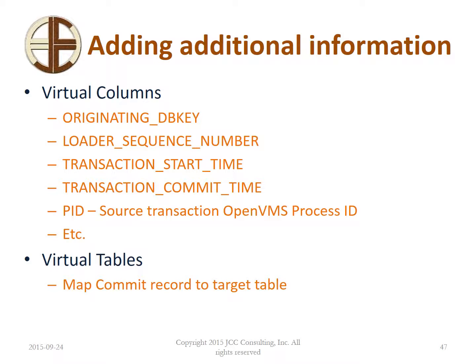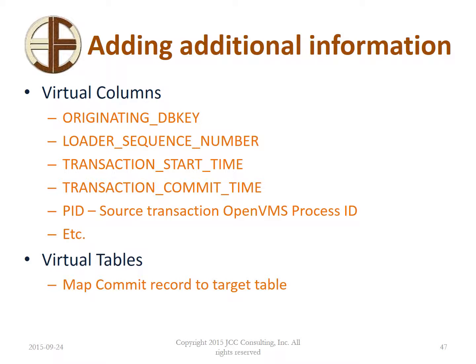We can add additional information. We can add a variety of virtual columns that don't exist in the source database. We can add originating DB key, loader sequence number. We can add the transaction start time and the transaction commit time. We can add the process ID of the OpenVMS process that performed the transaction in the source database.